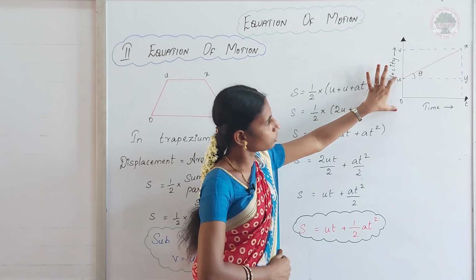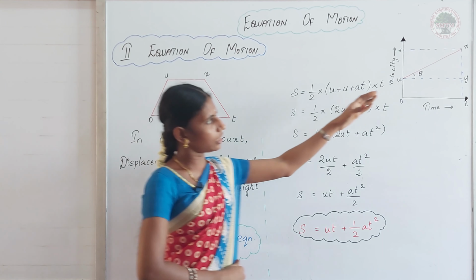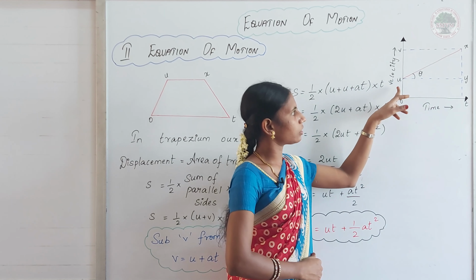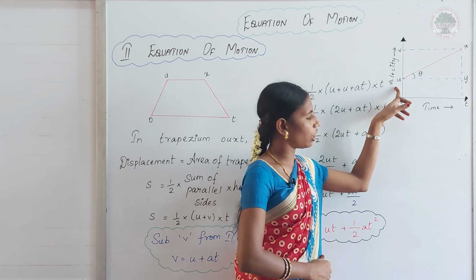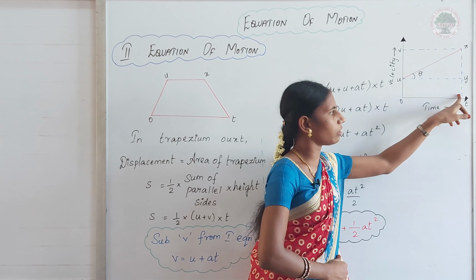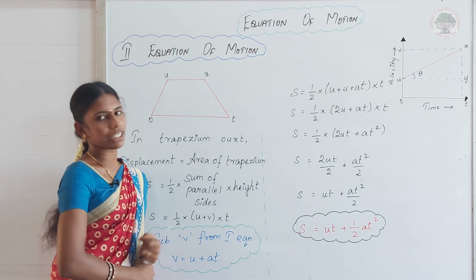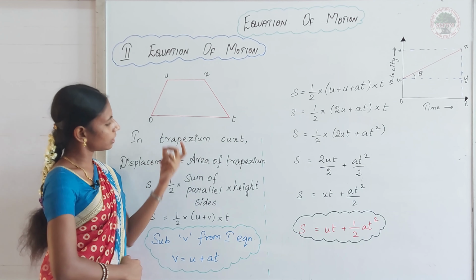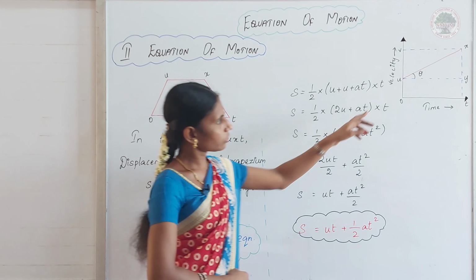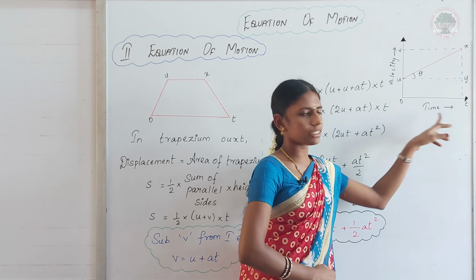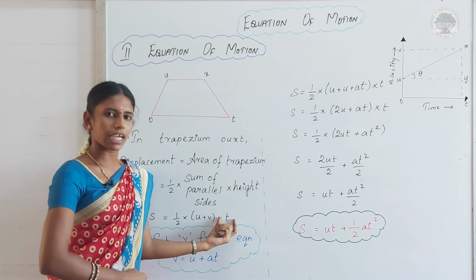So OU is the initial velocity u, and XT is the final velocity v. So the sum of parallel sides is u plus v, into height. What is the height? It's the time t.